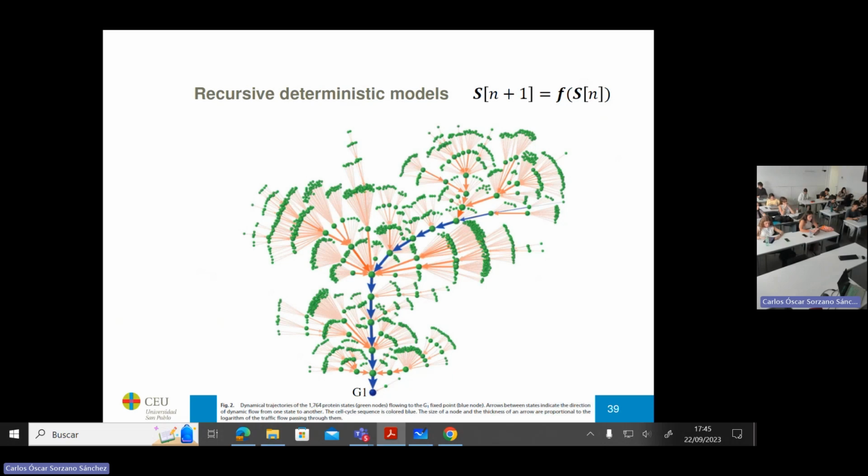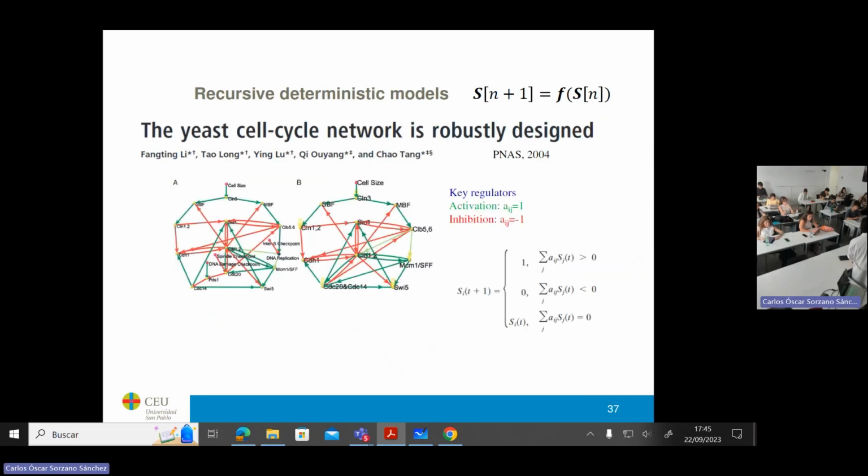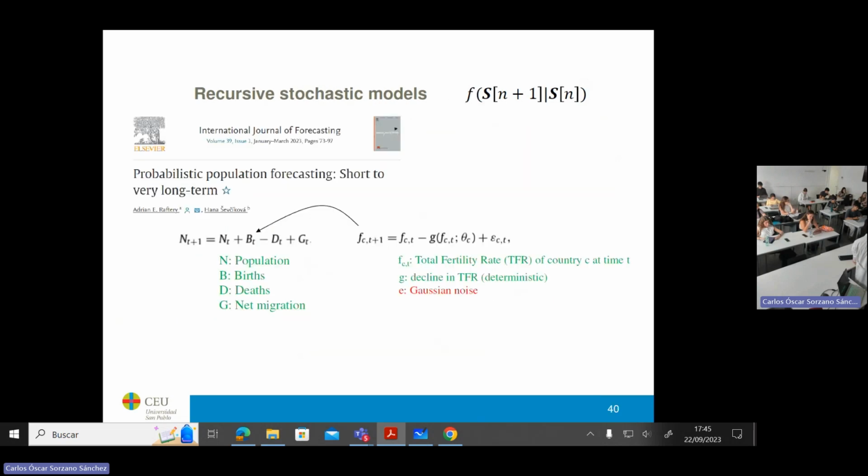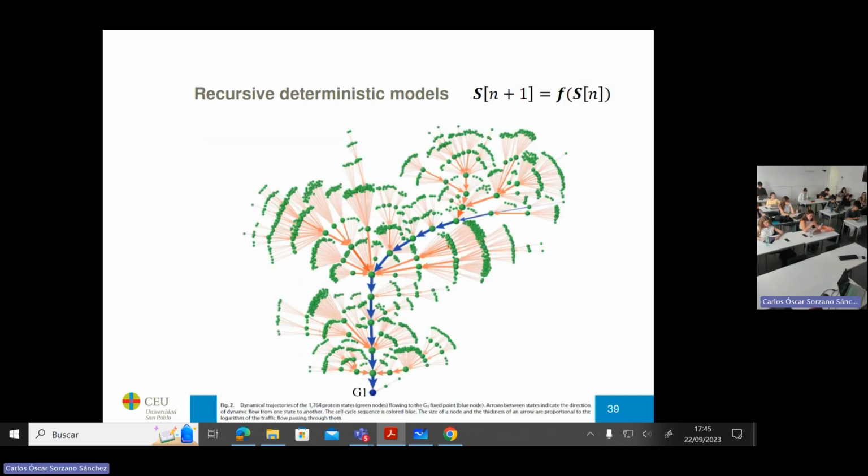The researchers proposed how they are connected. But by nature, they are designed in such a way that if you somehow get away from the G1 state, for whatever reason, you come back to G1.